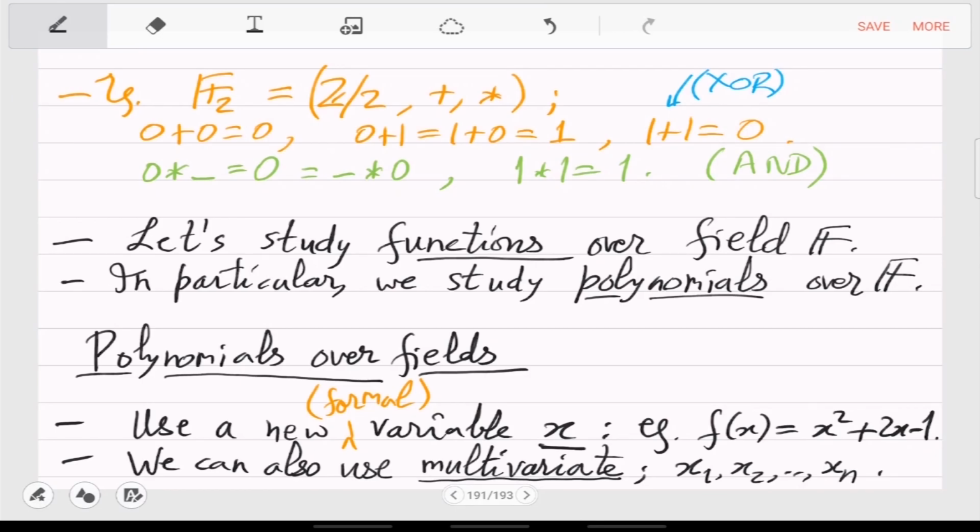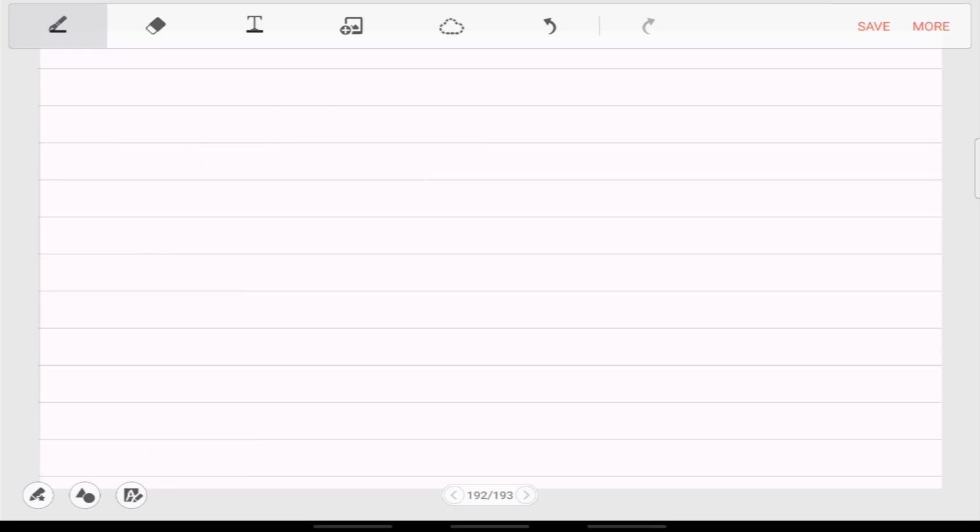In this case, they will all have the same type, which is the type of the field F. But in general, in a C program, they may have different types. Okay, so those are the two keywords.